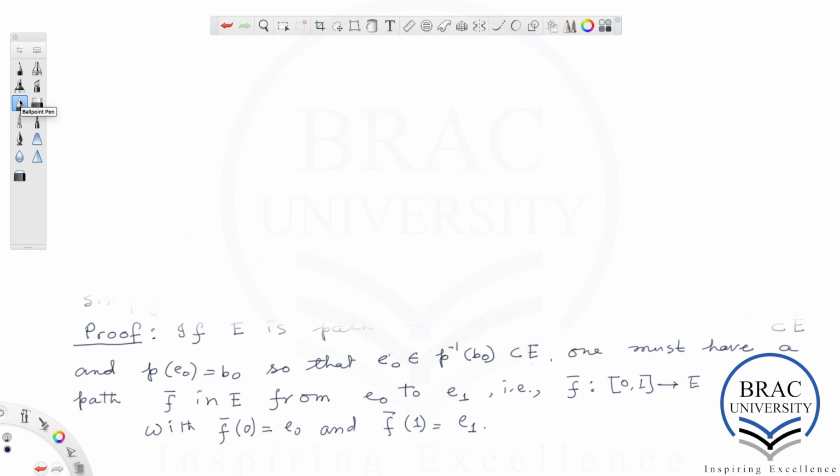Okay, so then F is equal to P composed with F bar, right?